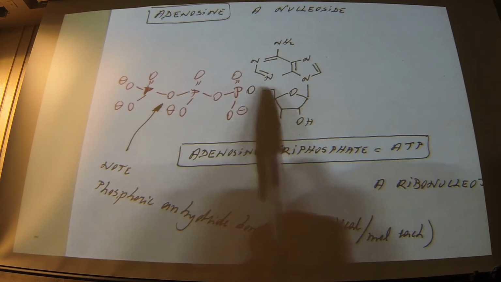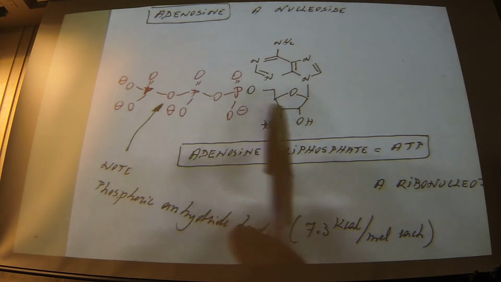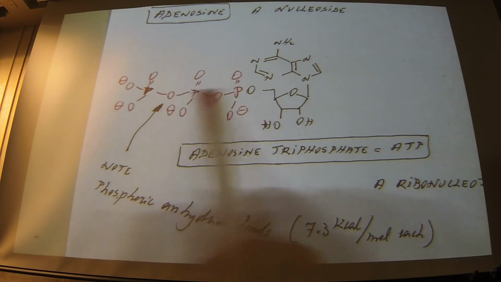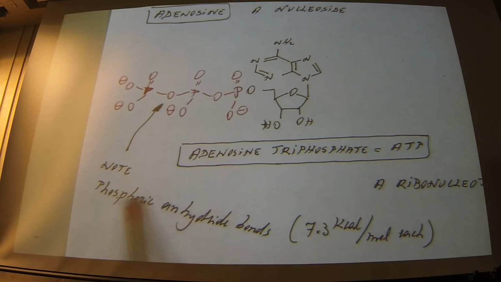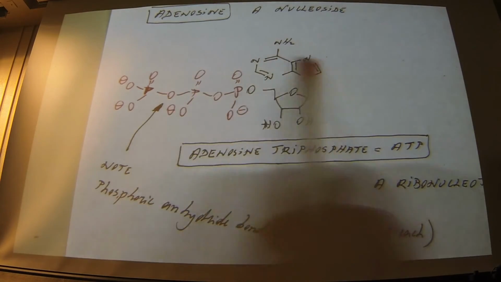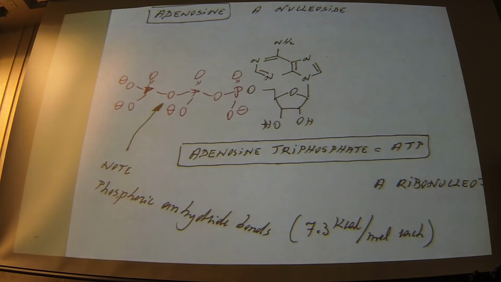C'5 oxygen is phosphorylated. And so this is the structure of the energy currency in your cells, ATP. Okay, so adenosine triphosphate is this stuff here, where I have 3 phosphate groups. And phosphoric anhydride bonds, each one of these is about 7 kcal per mole. And so this is how your cells traffic in energy.